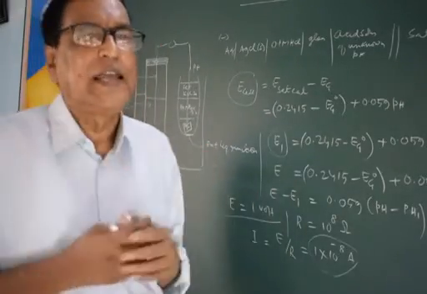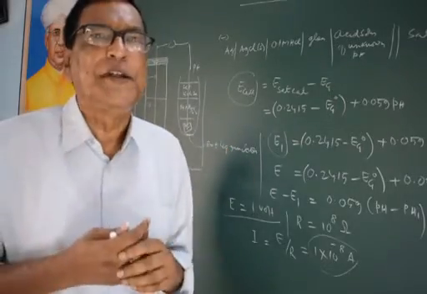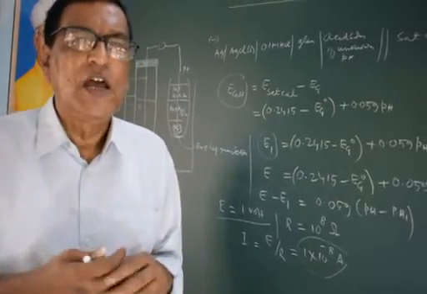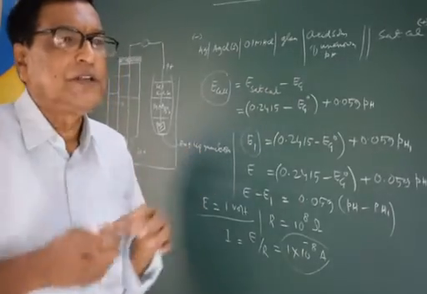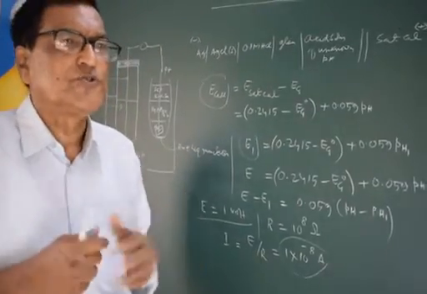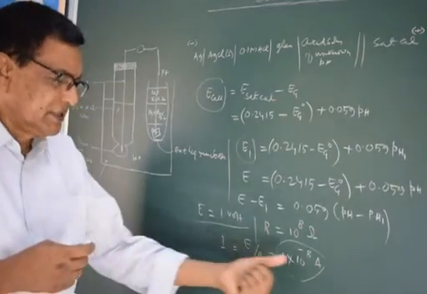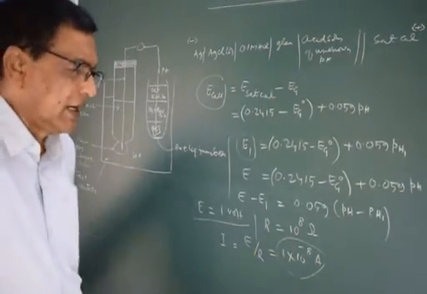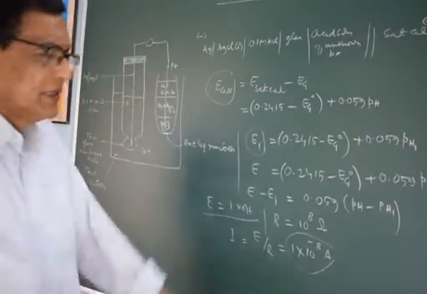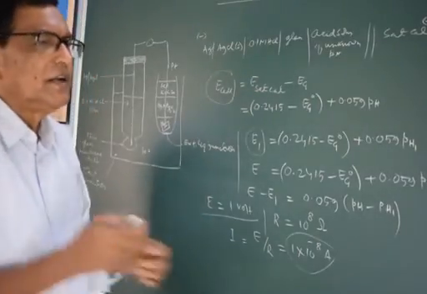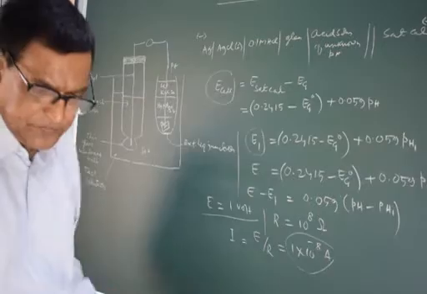So a special type of high input impedance voltmeter is used, or the vacuum tube potentiometer is also used to record this much small current strength of this cell. This is one sort of limitation or disadvantage I can say.